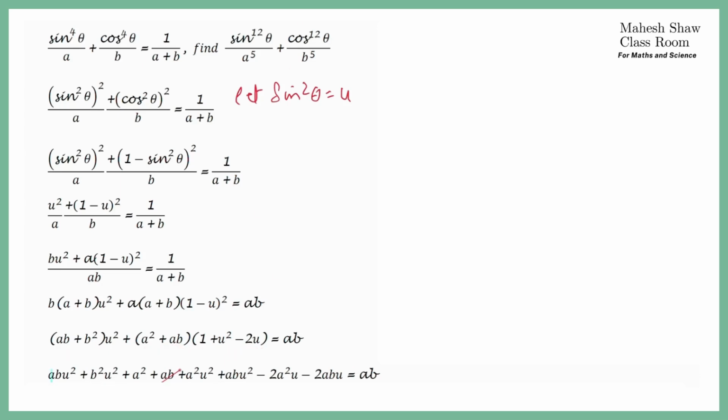Now here ab and ab get cancelled, and clubbing these terms, that is ab u square, there is another ab u square, b square times u square, and a square times u square, we can write this as a square plus 2ab plus b square times u square. And similarly, by taking minus 2ua common from here, it results to give you minus 2u times a plus b.